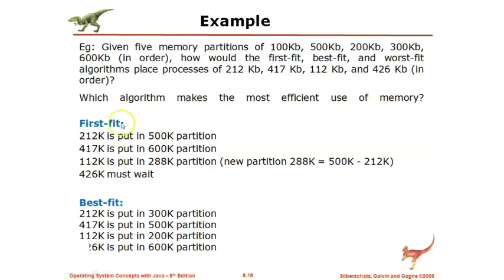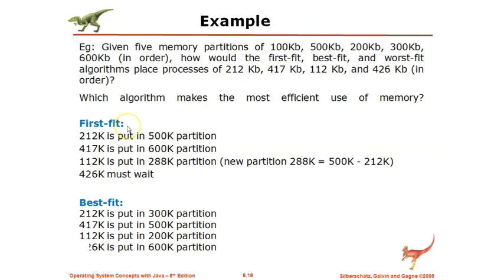So we have 4 processes here of the given sizes, and we have 5 free memory partitions, free holes. Whenever a request comes for these processes, based on a particular strategy, how is it going to satisfy the request?